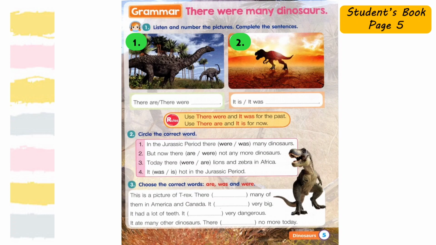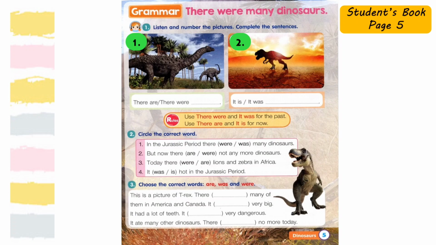I want you to also take a look at the rules down below. Let's read. Use there were and it was for the past. So when we're talking about an action or something that has happened in the past, like yesterday, last week, last month, 2 years ago, 5 years ago, we use was and were.